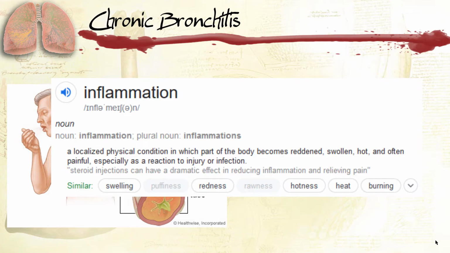Those chemicals that are harmful to the bacteria are also harmful to our body cells as well. Hence, it causes inflammation. So inflammation is basically the effect of the damaging chemicals released from our body defense mechanism. So next time you hear of someone having a disease that ends with itis, you can be a smart aleck and ask, oh, is it the inflammation of that part of the body?